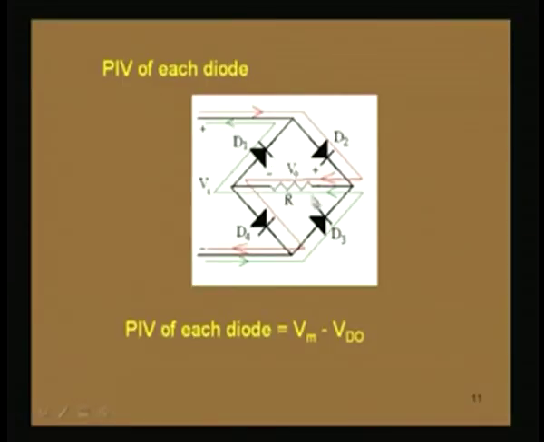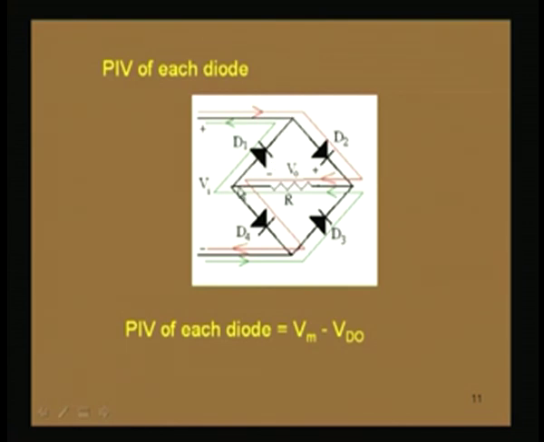So, if I consider the positive half cycle, then D2 and D4 are conducting and D1 and D3 are non-conducting. What will be the voltage applied across D1, because D1 is non-conducting? That can be found out if we consider the two ends of this D1 diode.